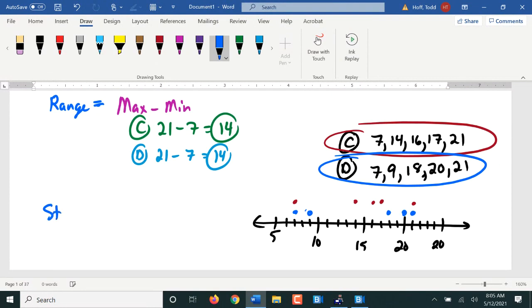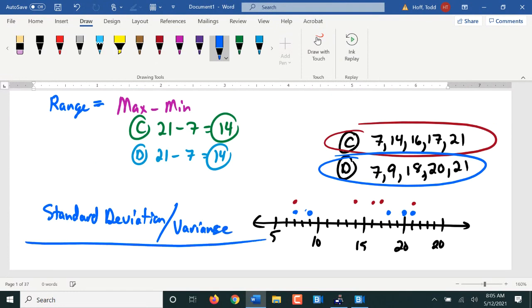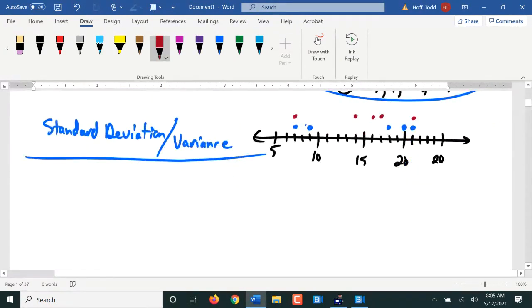There's something called standard deviation, and variance that kind of work together. And there's a formula for it, but it's really a 6-step process.